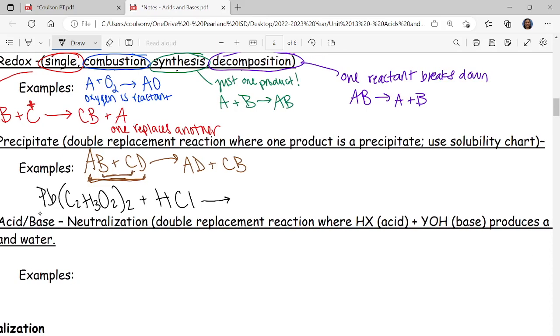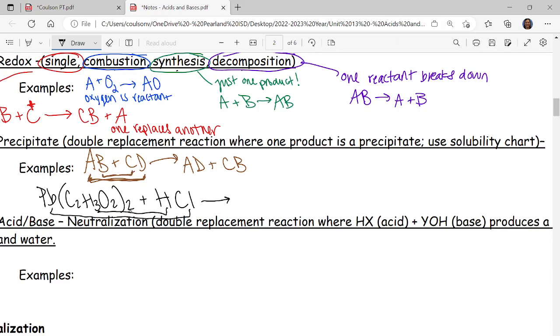If I have this reaction following the same format that we just outlined in brown up there, my lead is going to bond to chlorine, and my hydrogen is going to bond to acetate. But when we're forming new compounds, we need to crisscross their oxidation numbers so that we have the correct subscripts. So lead has a +2 charge.